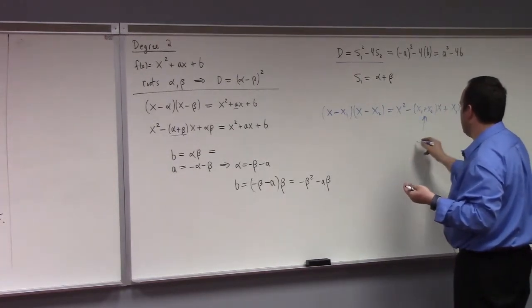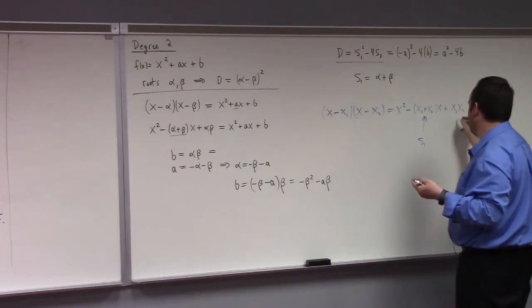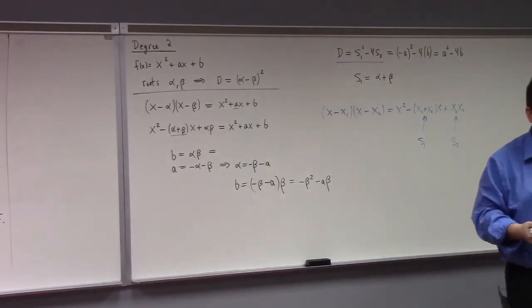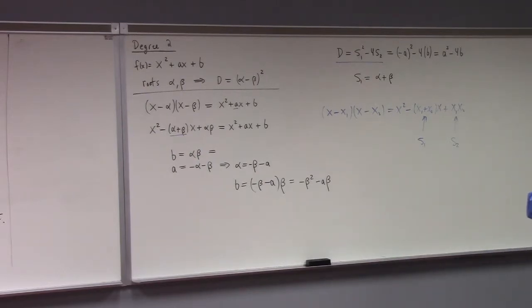The observation was made back in the polynomial section that those were S1 and S2. But what I don't get at the moment is why D has to be S1 squared minus 4S2. Is that somehow obvious from other things I'm not seeing?